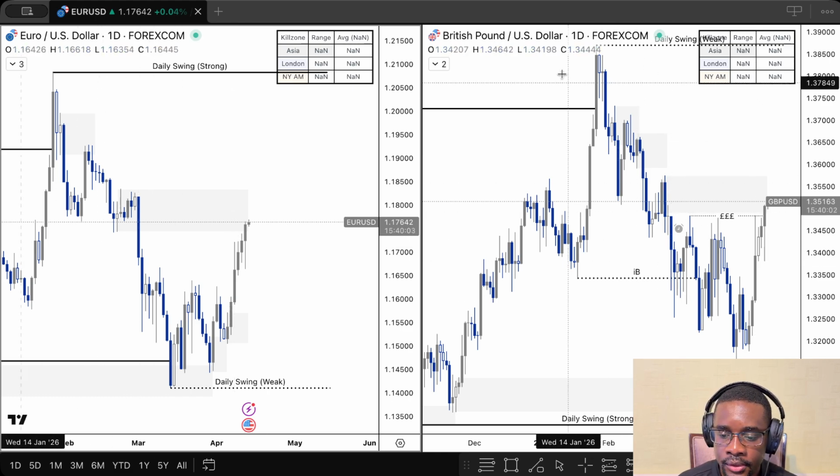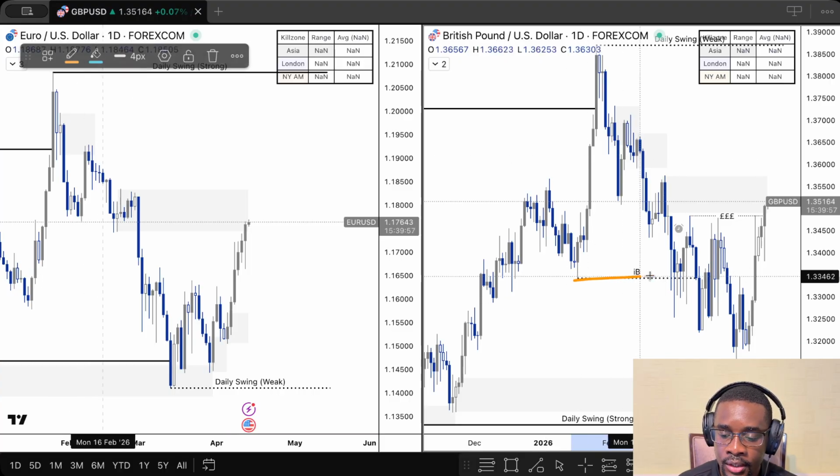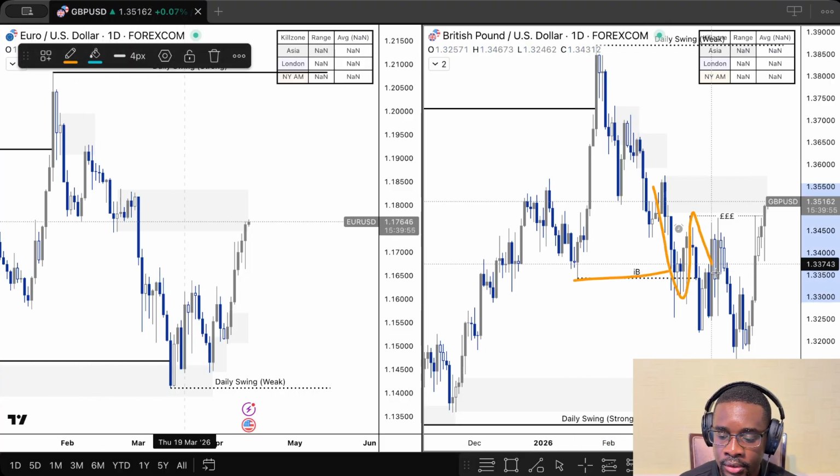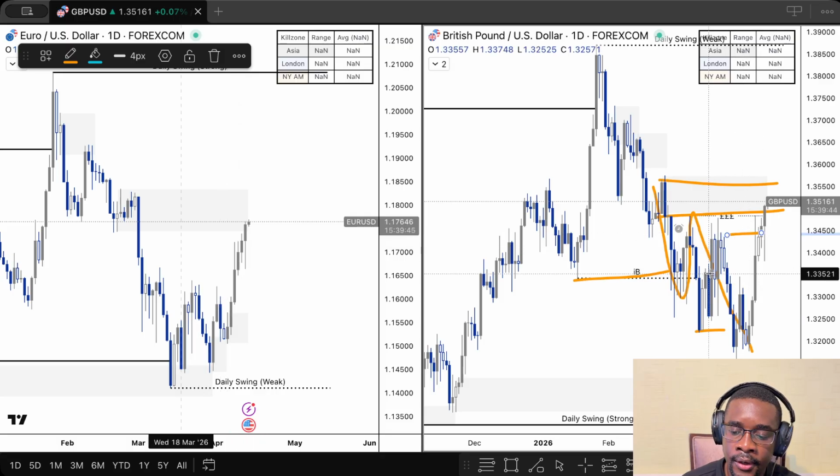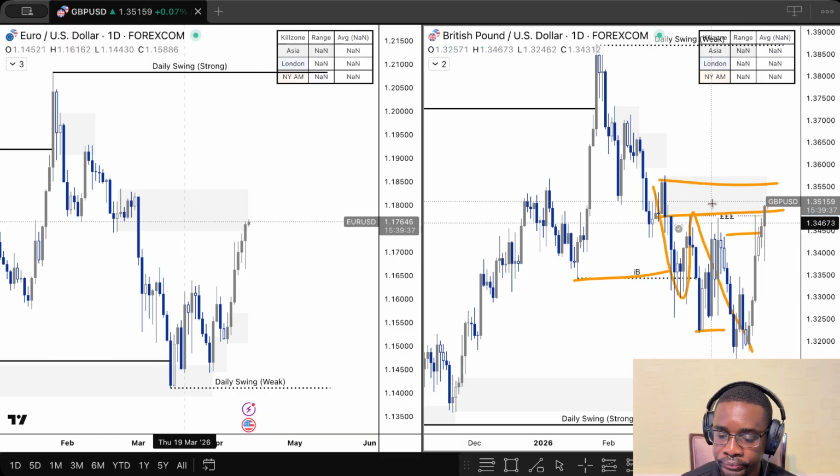For the pound, the daily trend is still bullish. The swing trend is still bullish. Internal is bearish. We've had a break of structure internally, and after the break of structure, we expect price to push back up, and then we had our change of character right there, and then price continued bullish, mitigated this supply area, and that's where price currently is.